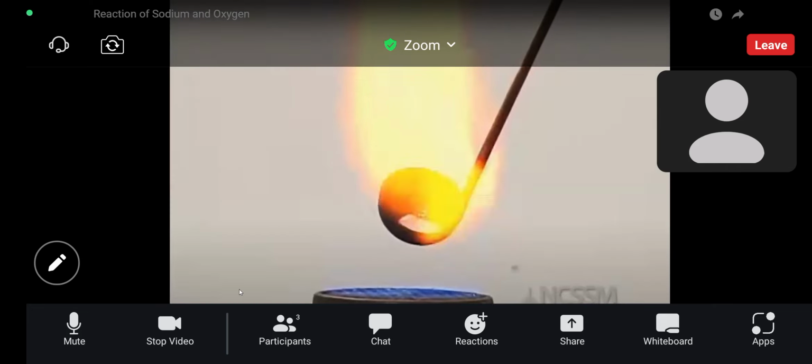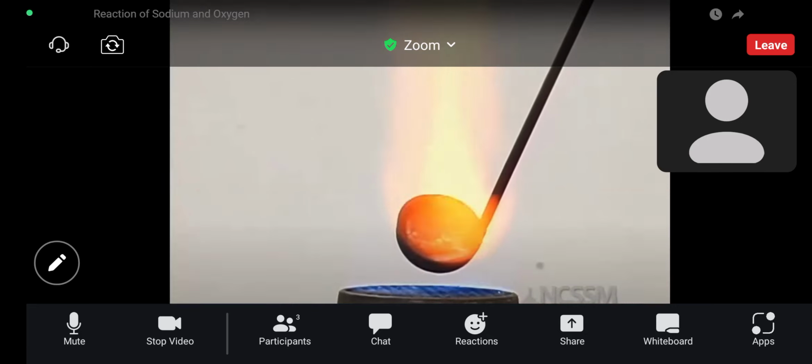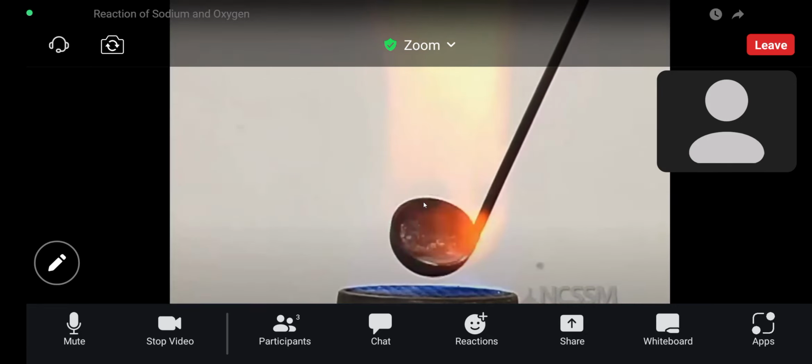If we heat a sample of sodium metal, we see that it melts rapidly. Sodium has a lower melting point than lithium. Now you can see here the sodium, what is the observation? It burns with orange fume. So under observation you can write it burns with orange fume.